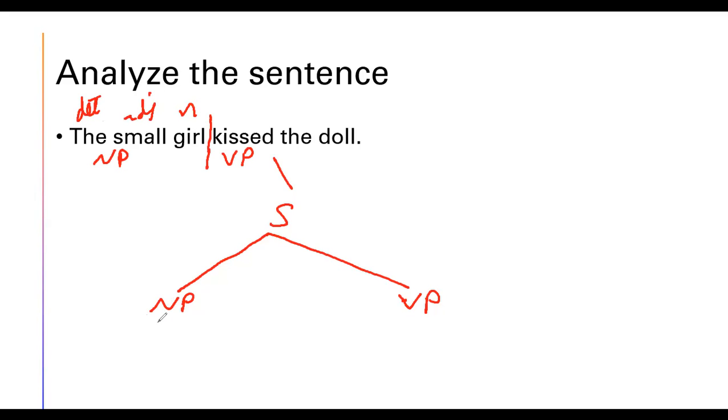So we can say that it has a determiner, that is the, it has an adjective phrase or adjective, that is small, and it does have a noun, that is indicated with N. So this is girl.